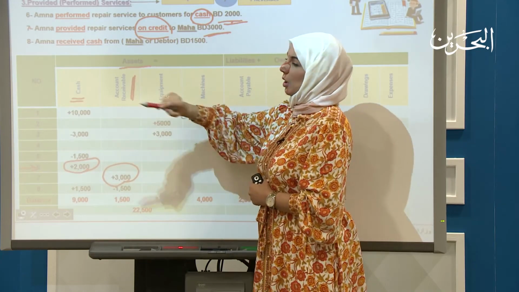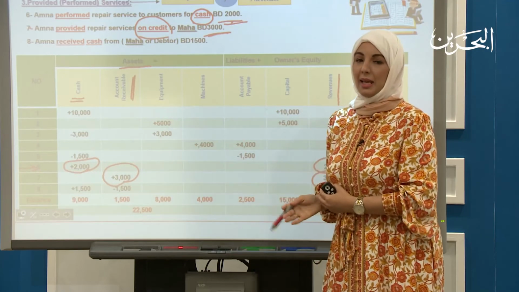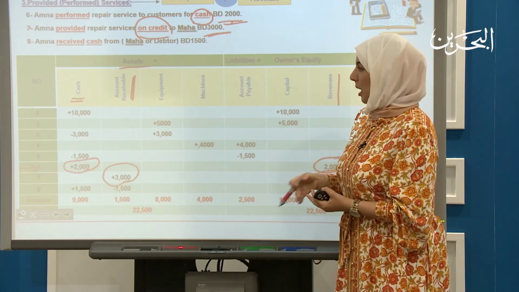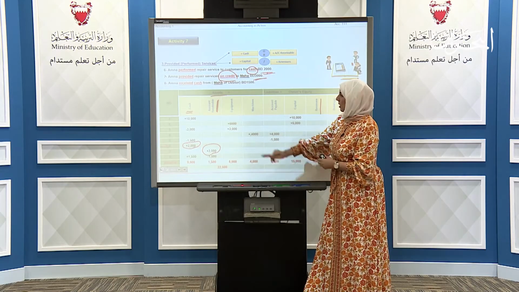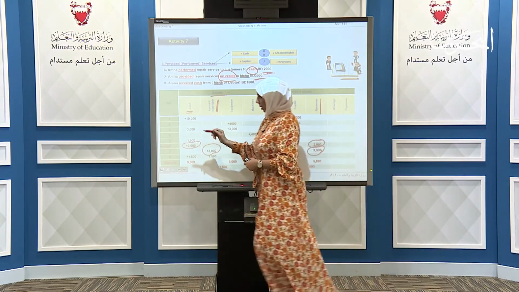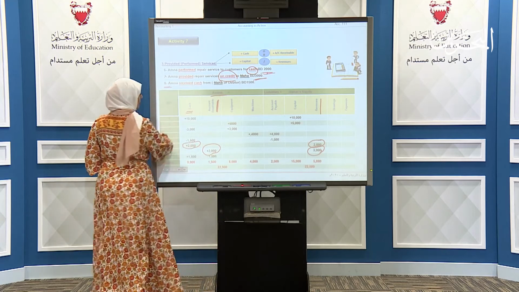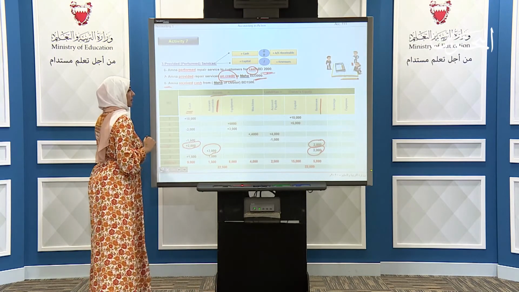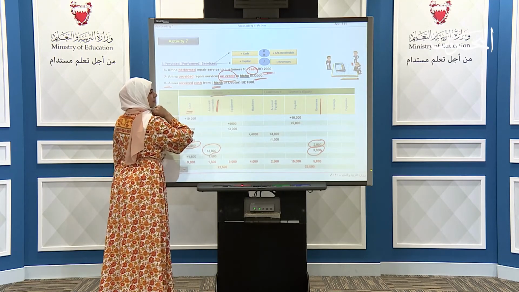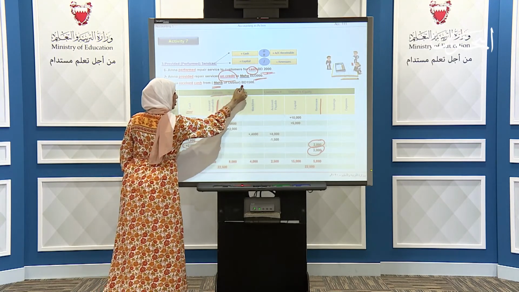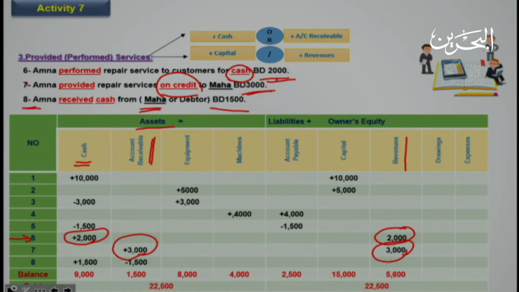Why do I put it in accounts receivable? This account is the money I wait to receive from the customer, so I increase it. Moving to the last transaction in this section, Amna received cash from Maha with an amount of 1,500.